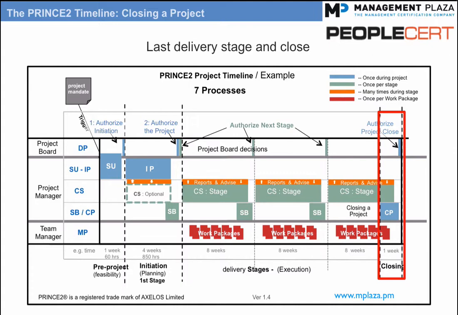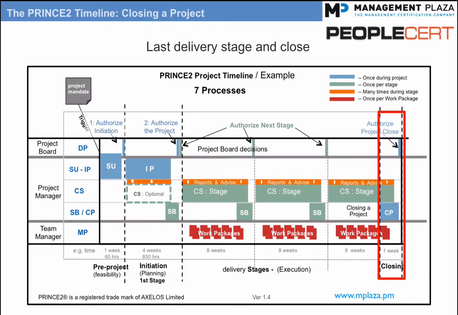The objectives of this process are to update the project plan to show what has and has not been delivered and approved, hand over products, obtain acceptance, and create the end project report, and if necessary, check if expected benefits have been realized and update the benefits review plan.